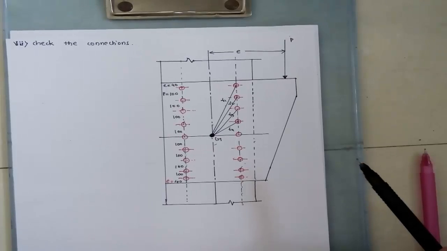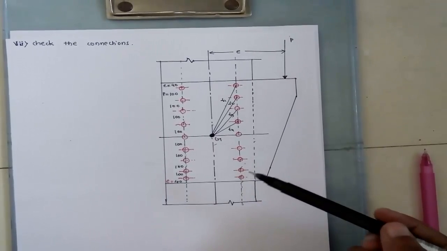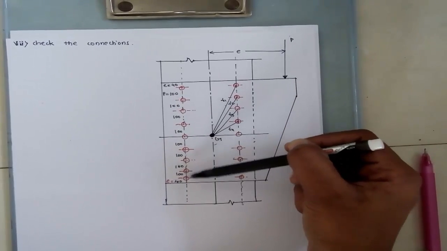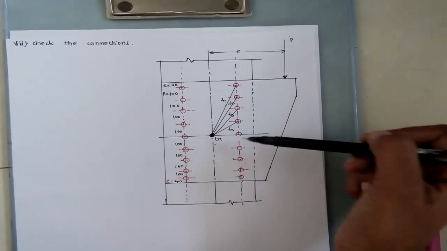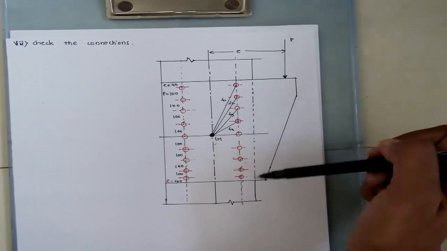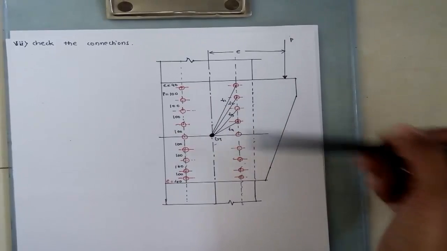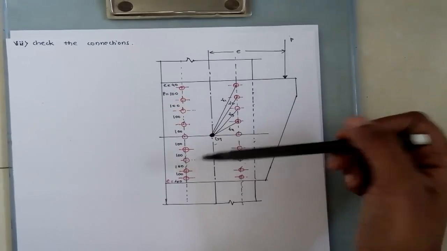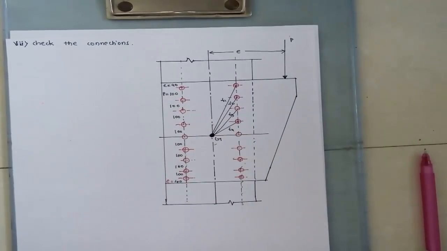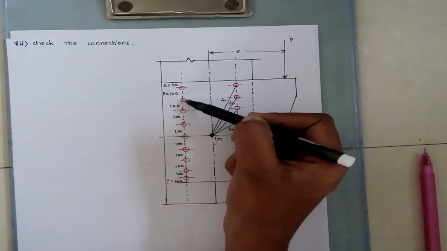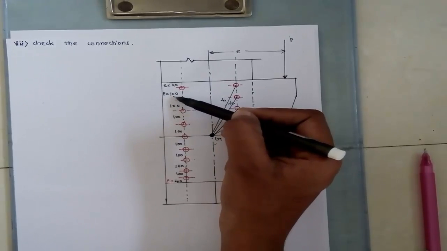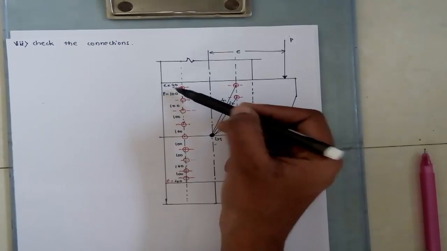The number of bolts in one vertical row is 9: 1 2 3 4 5 6 7 8 9. After multiplying by 2 for two vertical lines we get 18 bolts. In one row there are 9 bolts, and the bolt to bolt center to center distance is called the minimum pitch, or pitch, whose value is 100, and the edge distance is 40.